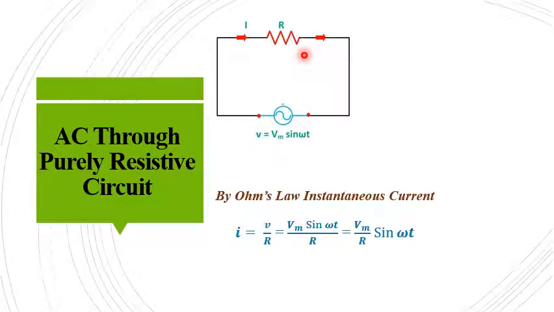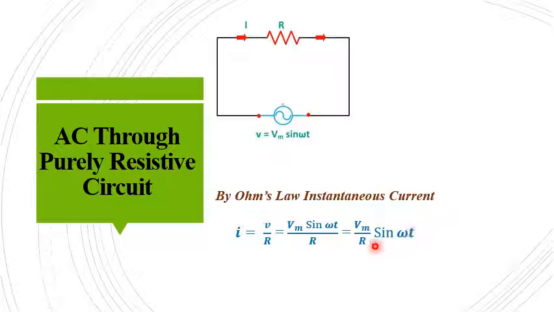So we know that by Ohm's law, the current I equal to V by R. So the instantaneous value of current I is equal to the instantaneous voltage, that is Vm sin omega t, by R. This can be written as Vm by R sin omega t.